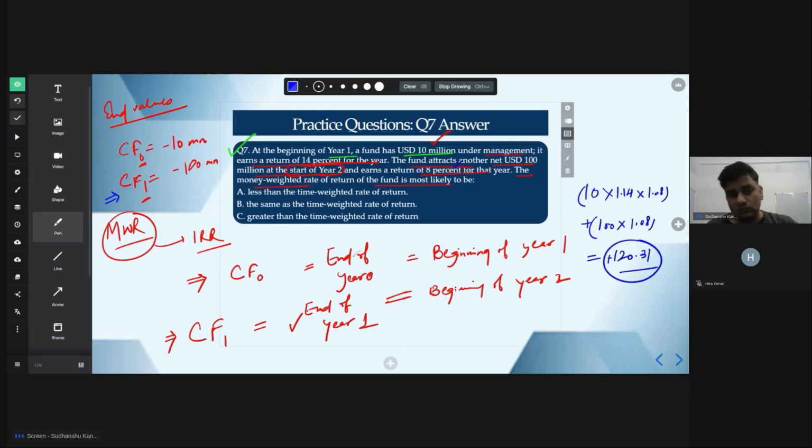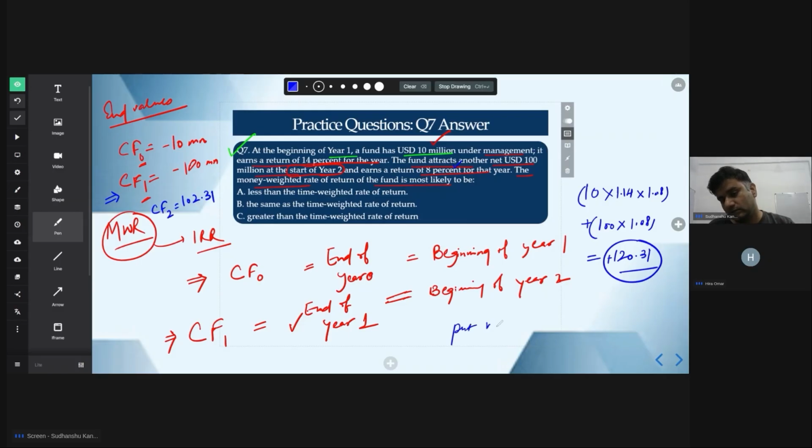So this is my ending value. CF2 is equal to 120.31. Okay. Now you put in the calculator.